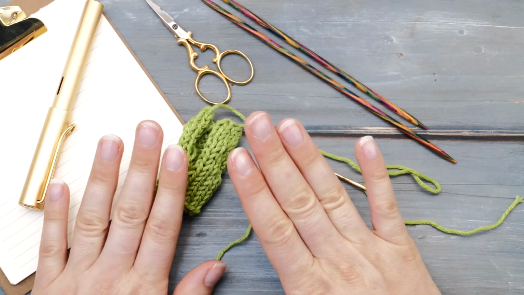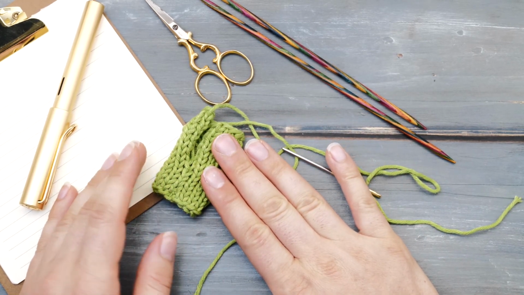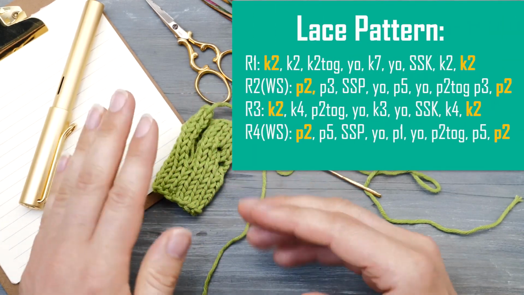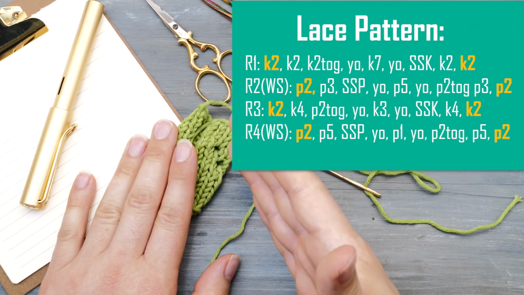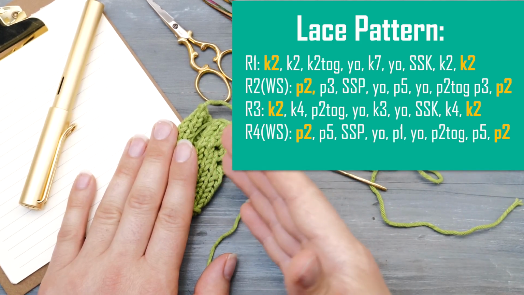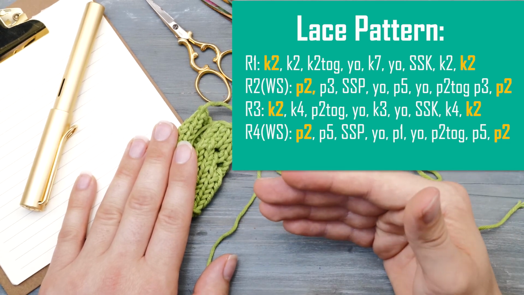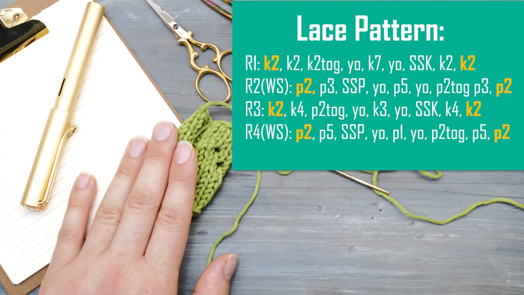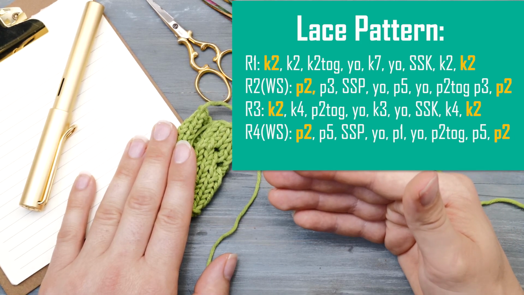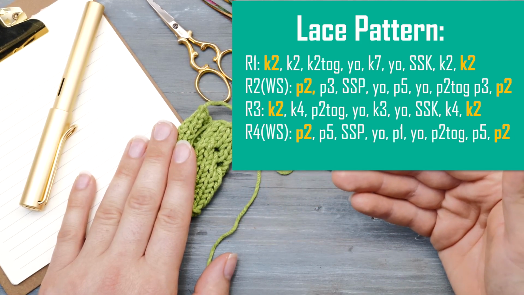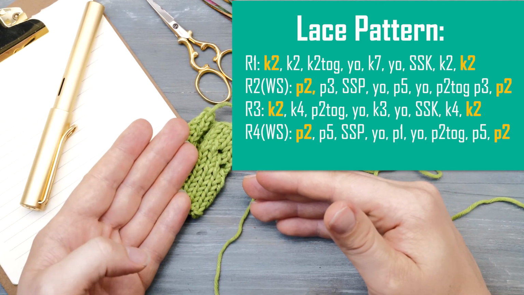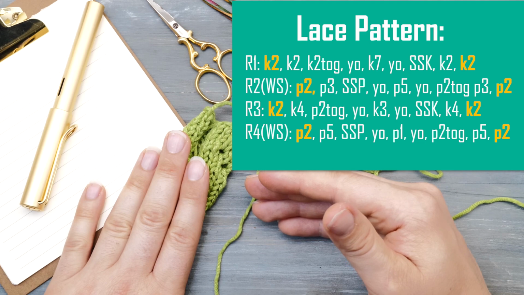So the above lace example would probably look best if you did it like this. So knit 2 and then the actual repeat, knit 2 together, yarn over, ending with knit 2, and on the wrong side purl 2, purl 3, SSP, and at the end another purl 2. So every right side row gets knit 2 at the beginning and the end, and every wrong side purl 2 at the beginning and the end of the row.